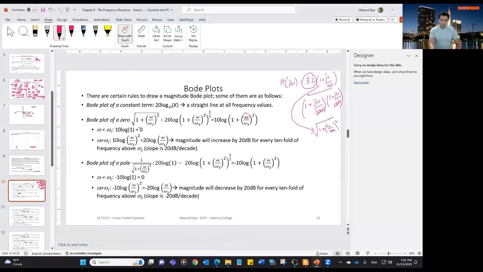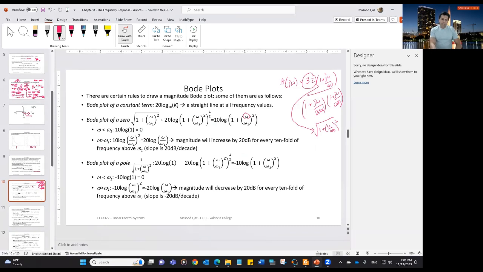So basically, your value on the graph for this term is 0 as long as your frequency is lower than omega 1. In this case, as long as your frequency is lower than 100 radians per second, on the graph you're going to mark it as a 0 line.